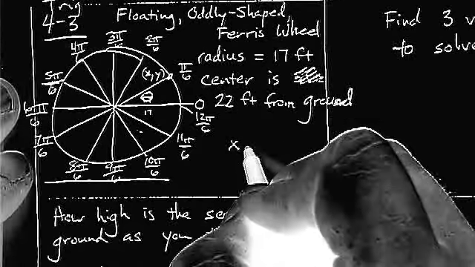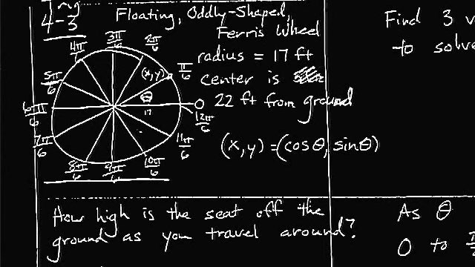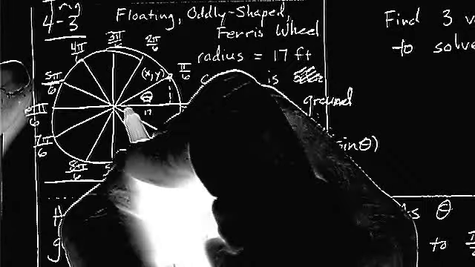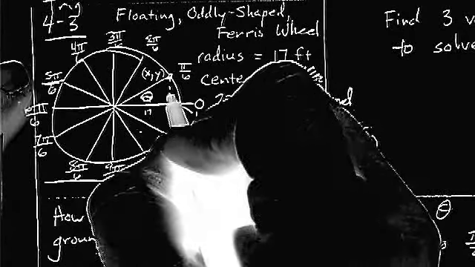So we talked about how the coordinate xy could be written as cosine theta, comma, sine theta. Which one of those parts is important to figuring out the height? Is it the x value, which would be the distance from here to here, or the y value, the distance from here to here? Well, I would agree it's the y value that we're interested in.